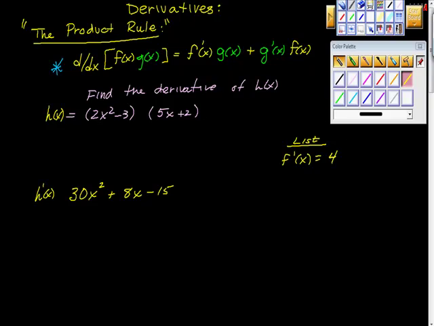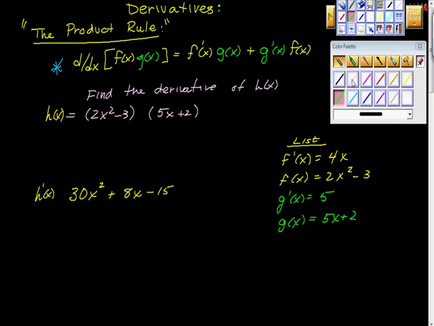And then we need g of x and g prime of x. What's the first derivative of 5x plus 2? What's the slope of 5x plus 2? It's just 5, isn't it? And g of x is equal to 5x plus 2.